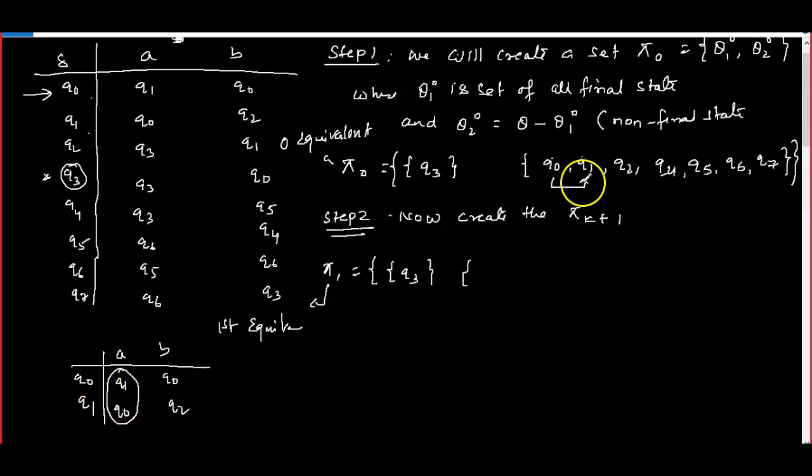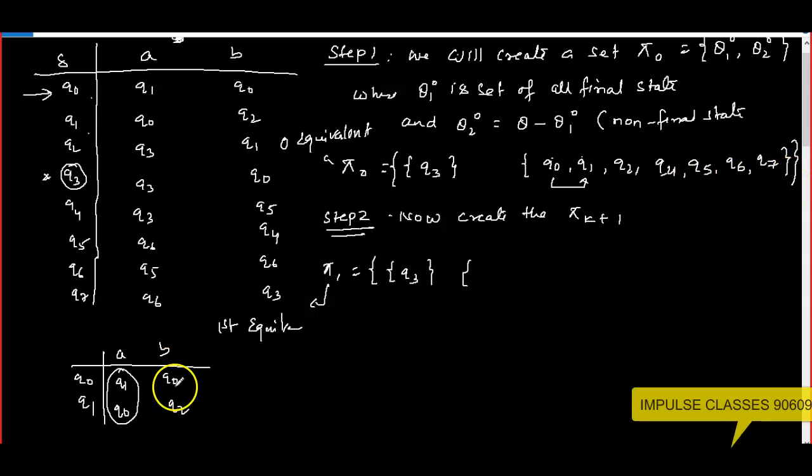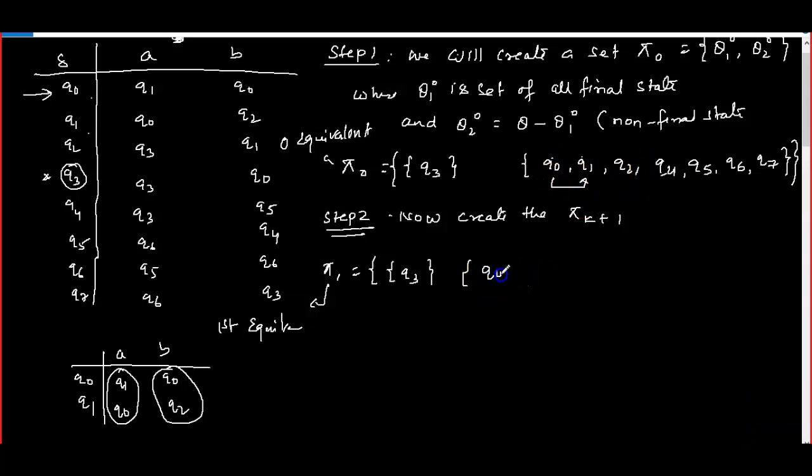Q0 and Q1 are in the same set now. Same set means you check this set. Q0 and Q2 are also lying on the same set. So Q0 and Q1 will not be split, because the values of A and B go to the same set. Any doubt?